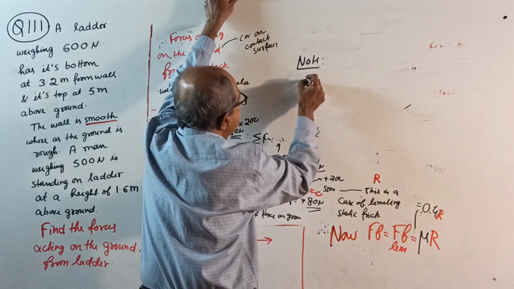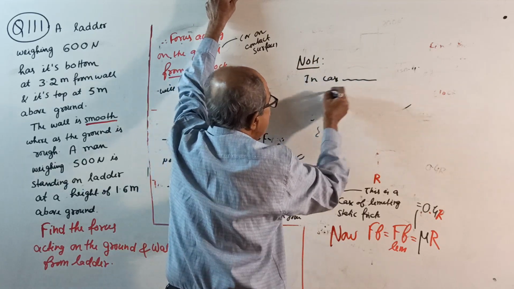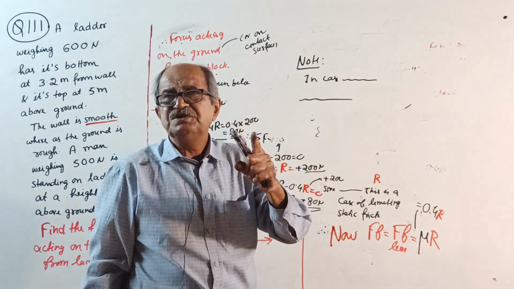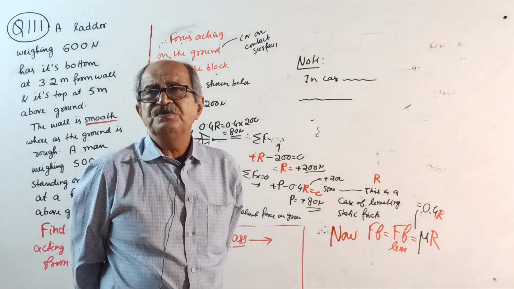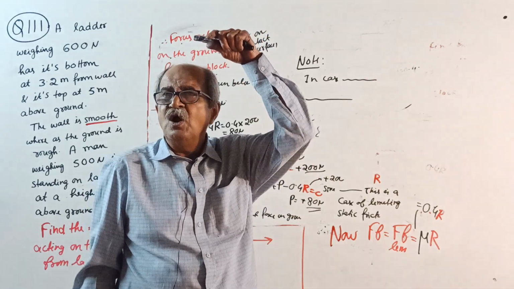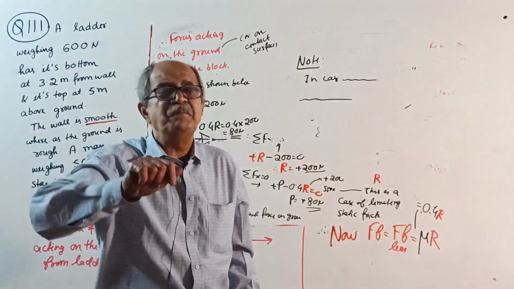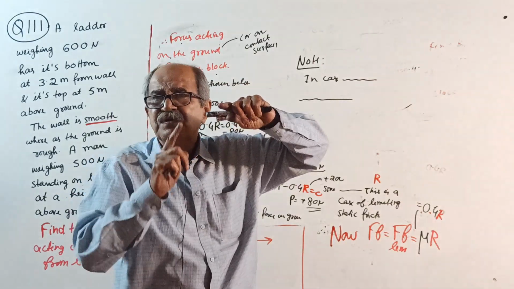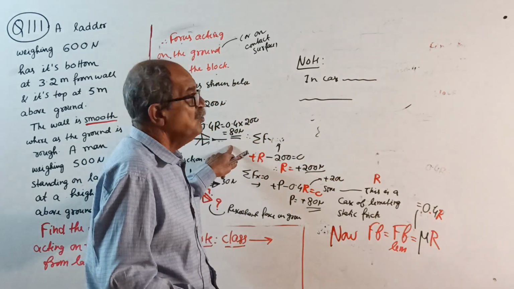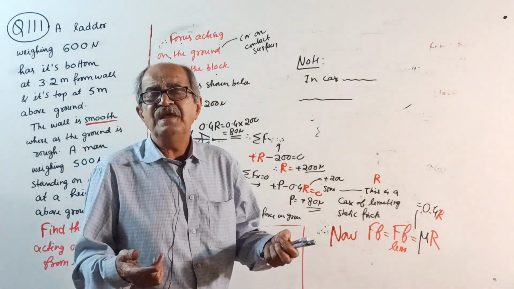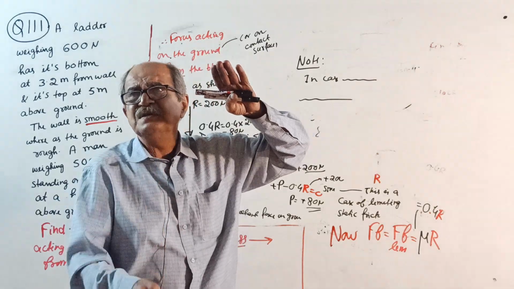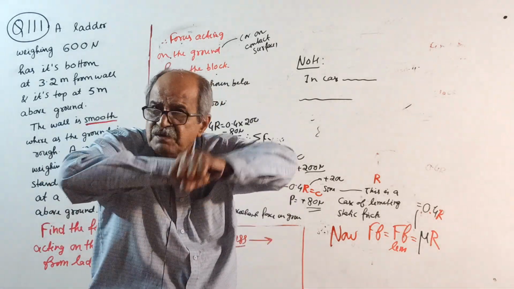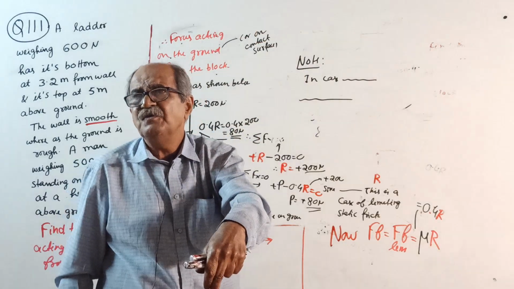Note. In any question where reactions are there, if the question is to find the forces acting on the contact surface or supporting member, all you have to do is find the reaction from the support. Here the support is the ground, or it can be anything. Find the reaction from the support to the member or block considered, then reverse it and apply it to the support.